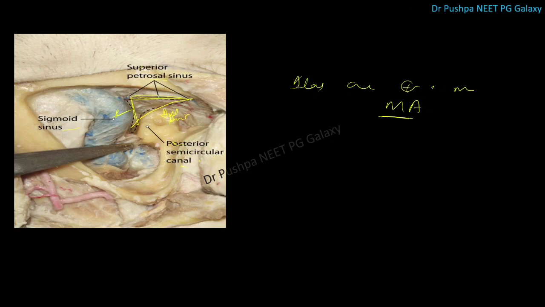This bone is thin, so it can lead to spread of infection from mastoid to cerebellum. So this is the Trotman's triangle.